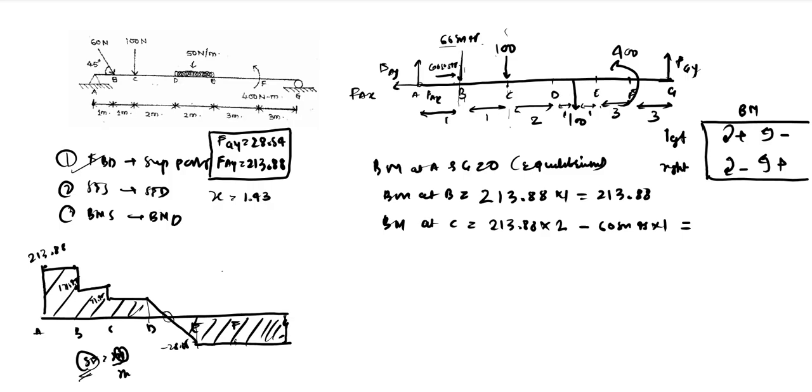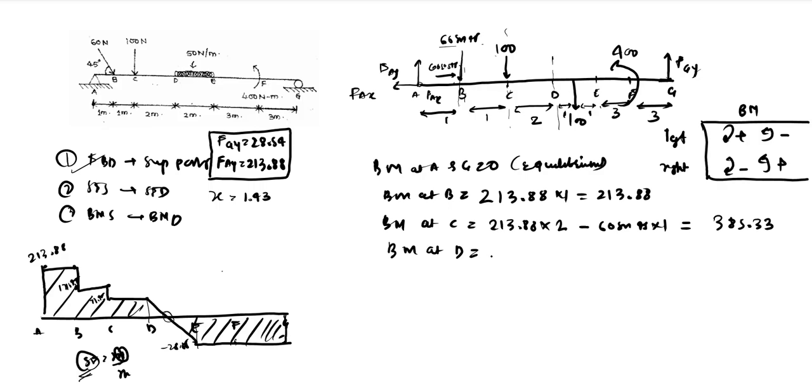It will become 213.88 into 2 minus 60 into sin 45. We have 385.33.